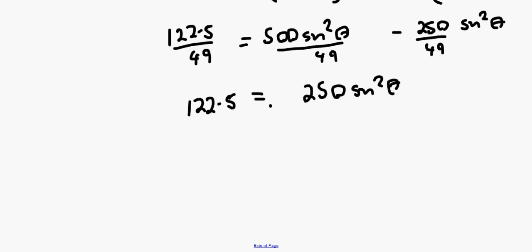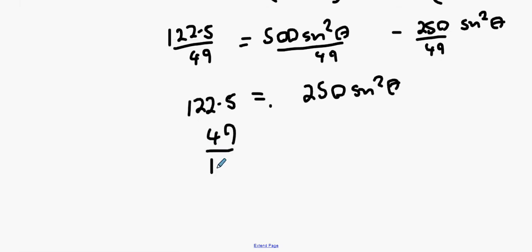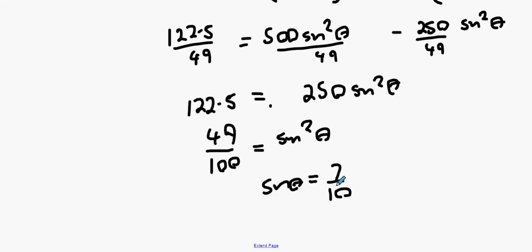So 122.5 divided by 250 is 49 over 100. I'm very happy to see those two numbers. It's no fluke, they're both square numbers. They don't have to be, but happy coincidence. And then finally sine theta equals square root both sides, and you should get 7 over 10.